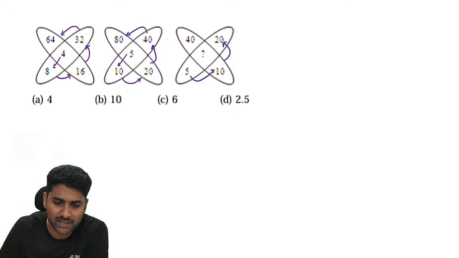So 5 becomes 10, 10 becomes 20, 20 becomes 40, then half of that number is 2.5.